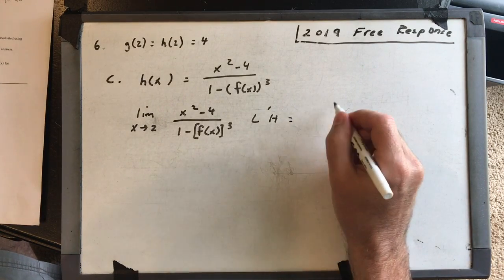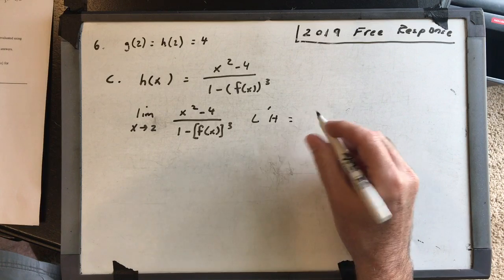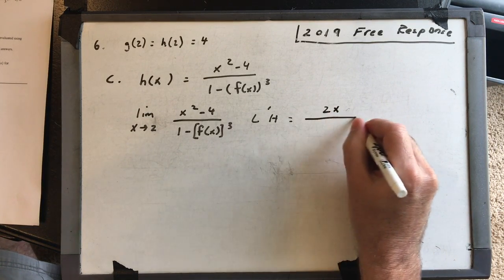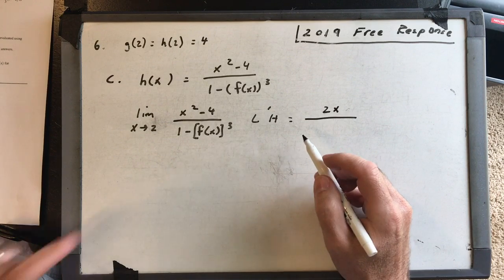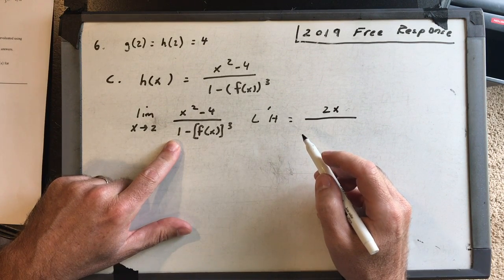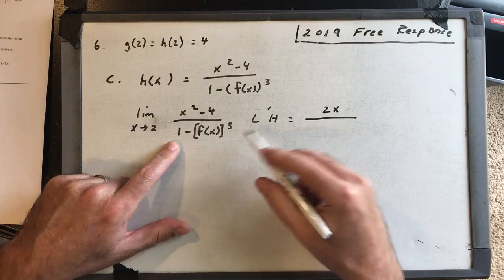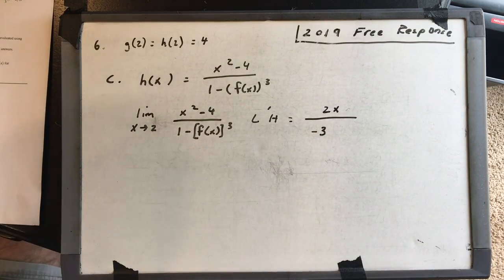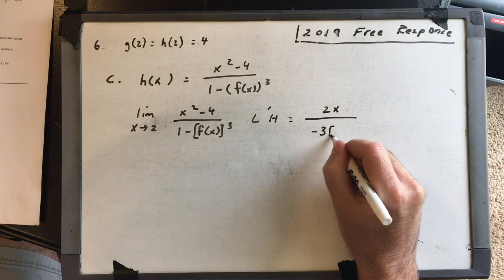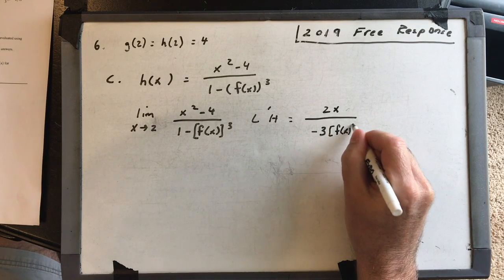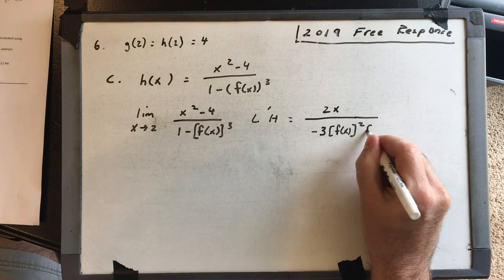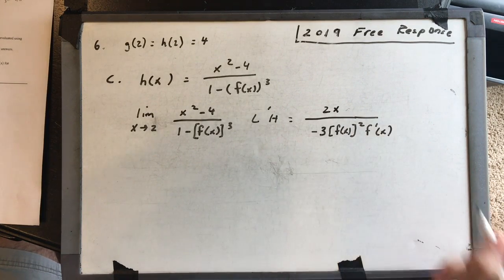So you can take the derivative of the top and the derivative of the bottom. The derivative of the top is going to be 2x. The derivative of the bottom: the derivative of 1 is just 0, so that's going to be minus 3, bring that 3 out front, times f of x all squared times the derivative of the block, f prime of x.